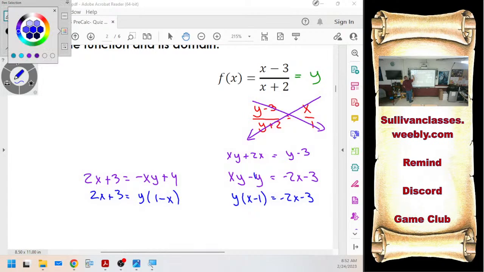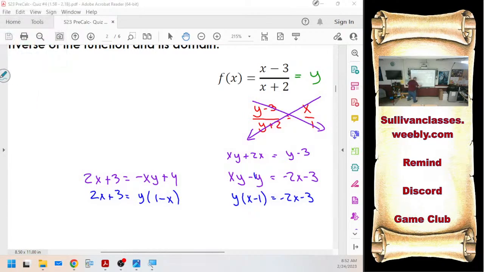Divide. Write it in inverse function notation. And you can either have negative (2x minus 3) over (x minus 1), or (2x minus 3) over (1 minus x), or negative out front, and then the 2x plus 3 up top, the x minus 1 downstairs.